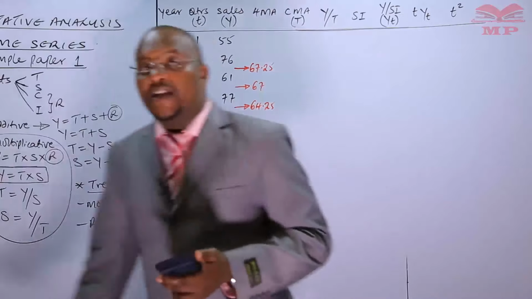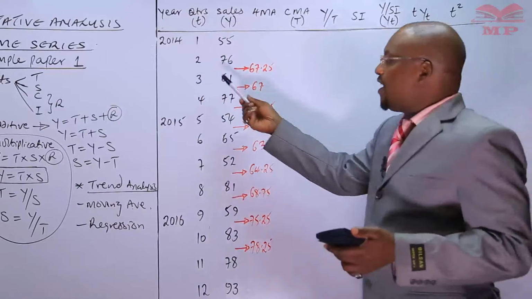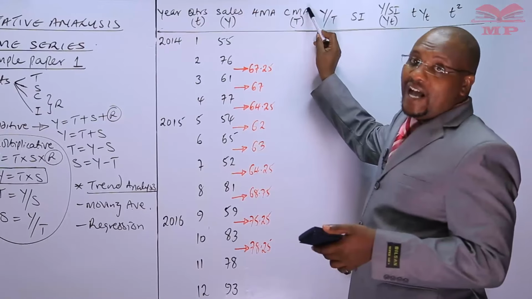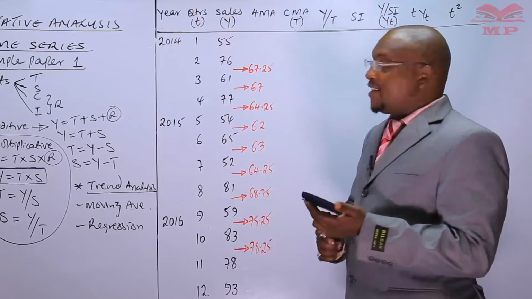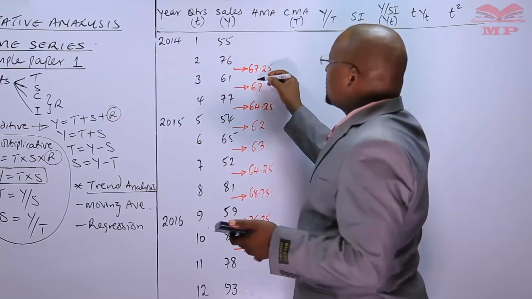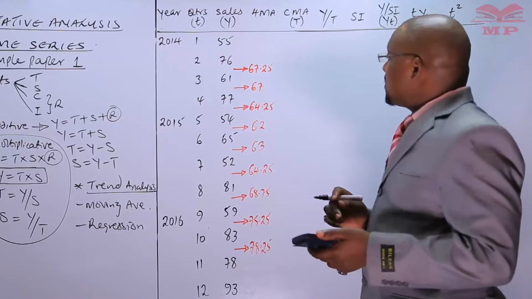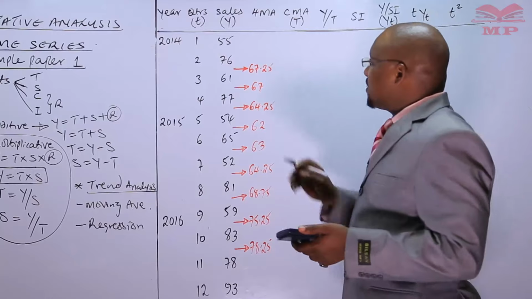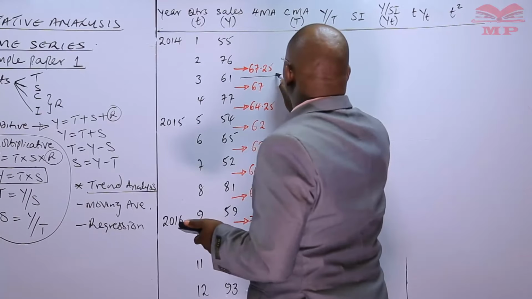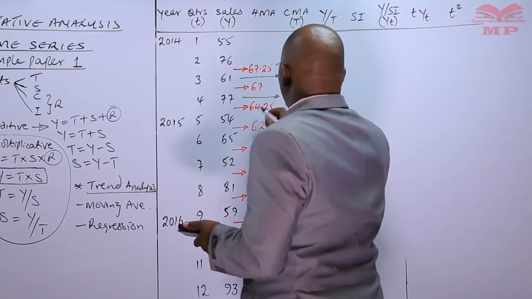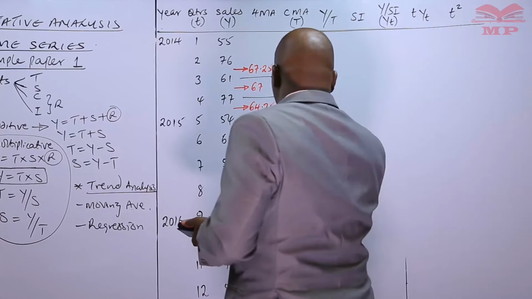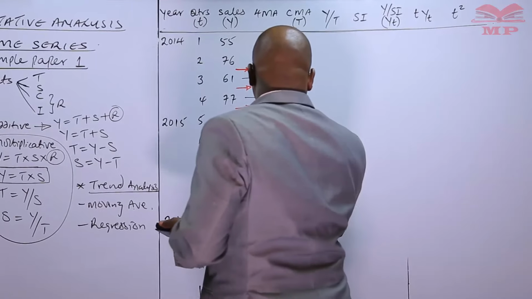And because the values do not correspond with any particular quarter, we now need to center. This is centering of the moving average, which is going to be our trend. In between 67.25 and 67, I'm going to record my new value here. So these are new values that are corresponding.